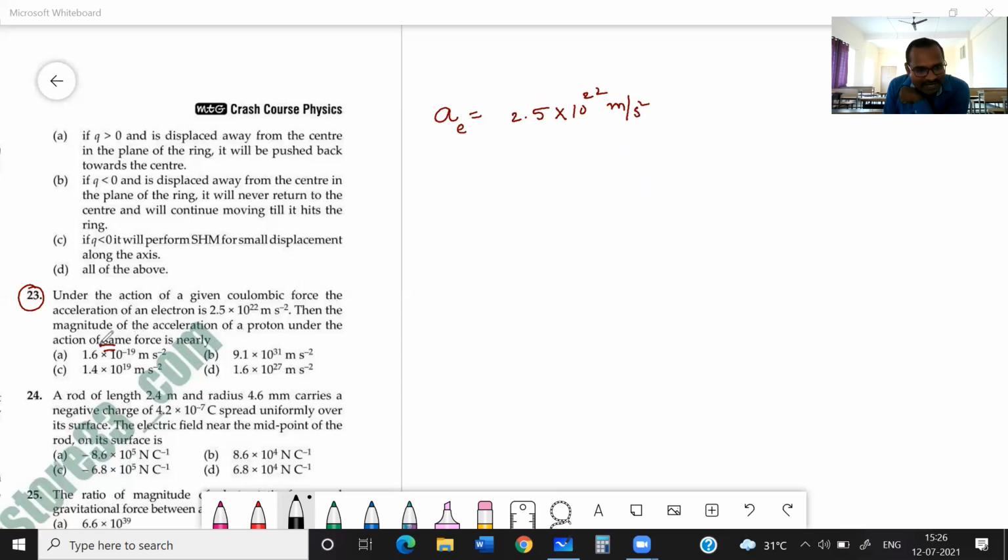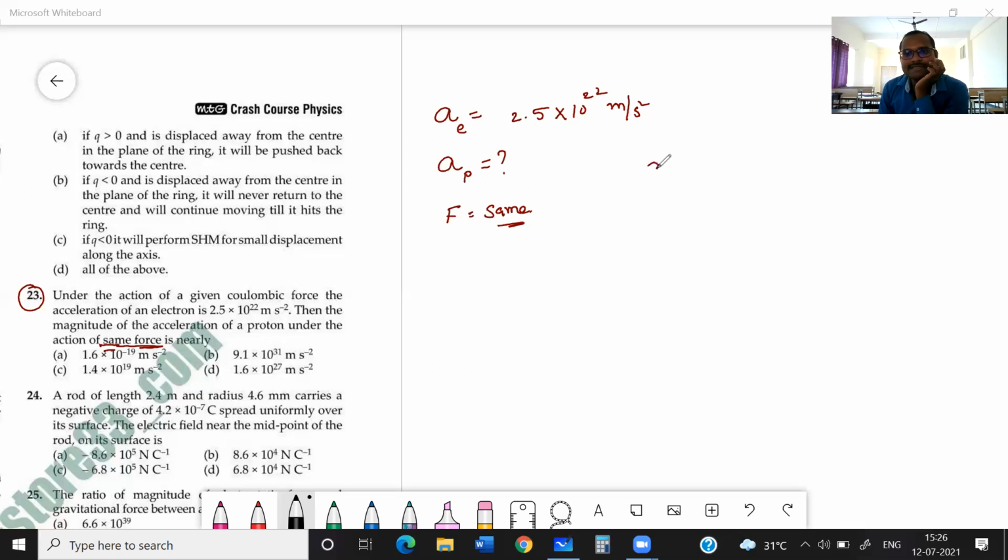See, the point is they have given the same force. I hope you understand the question. There is some force acting on the electron, due to which the electron is accelerated by this much. Now the same force is acting on the proton also. Then what will be the acceleration of the proton?